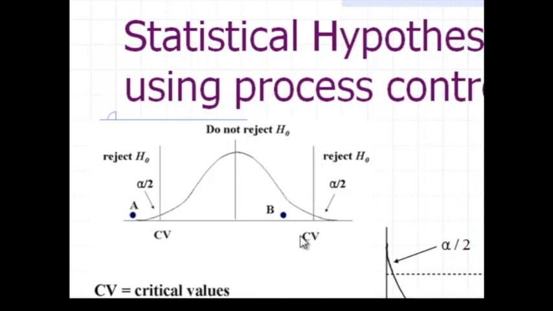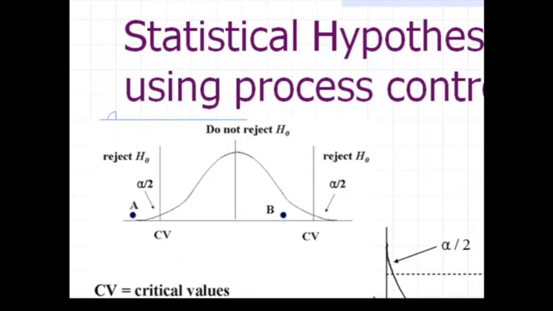So by setting up these critical values depending on the alpha error, now you can test the hypothesis by doing some sampling and then drawing this. If the test statistic is inside these two critical values, in this boundary, we will not reject, or we will accept, the null hypothesis, but outside these critical values we will reject the null hypothesis. That's what you have learned in statistics.